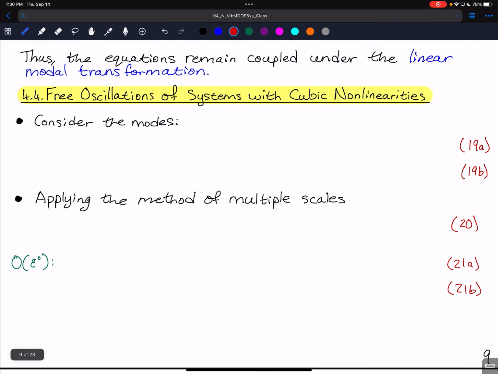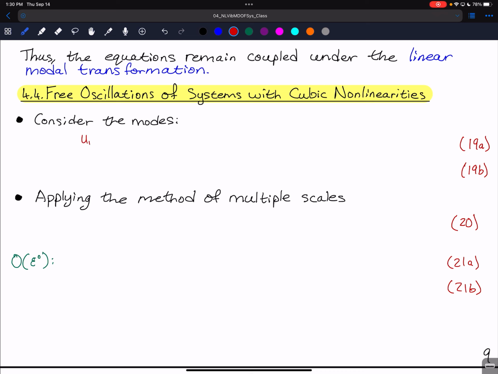All right, so we're going to consider two modes. The first one being u1, and so this equation is going to be u1 double dot plus omega 1 squared u1, and this is going to be equal to minus 2 c1 times eta times u1 dot, that's our weak damping for this mode, plus eta times the quantity alpha 1 u1 cubed plus alpha 2 u1 squared u2 plus alpha 3 u1 u2 squared plus alpha 4 u2 cubed is equal to 0.